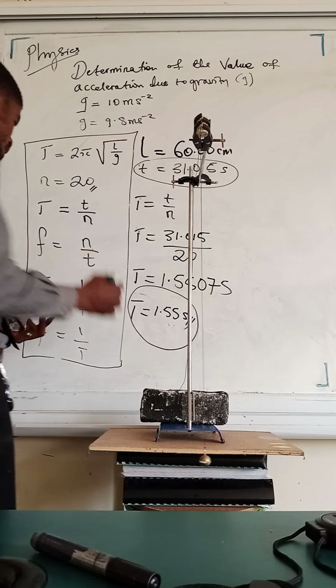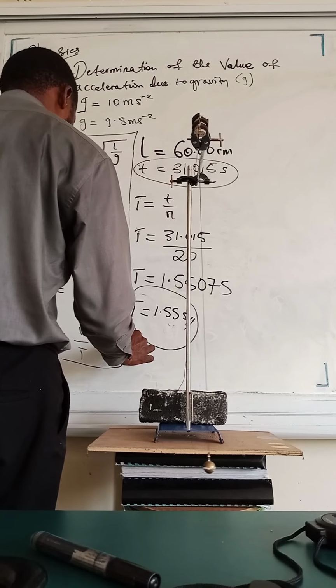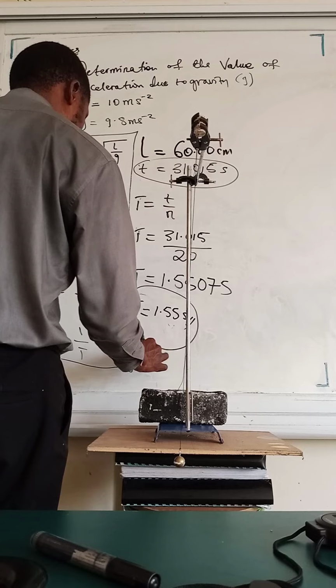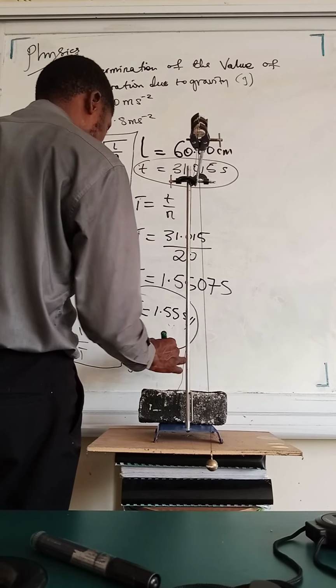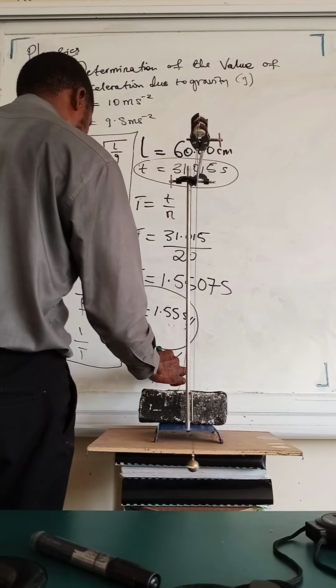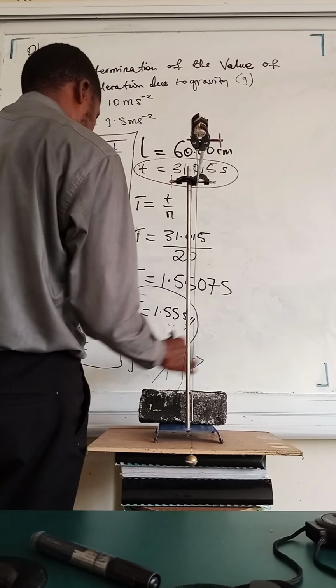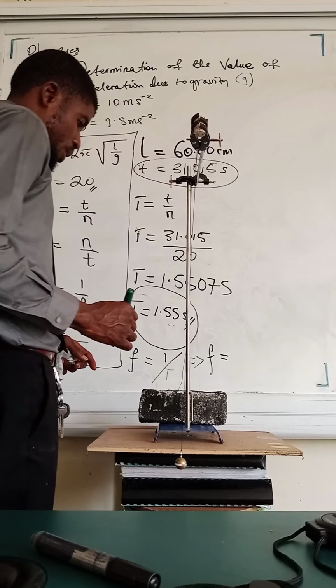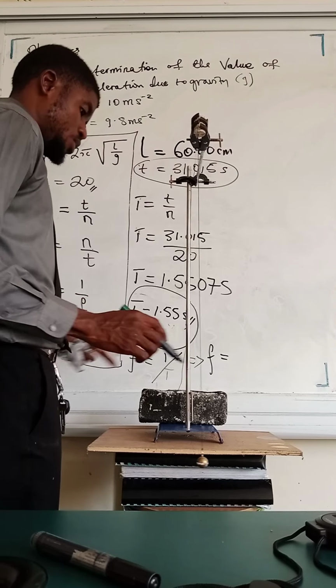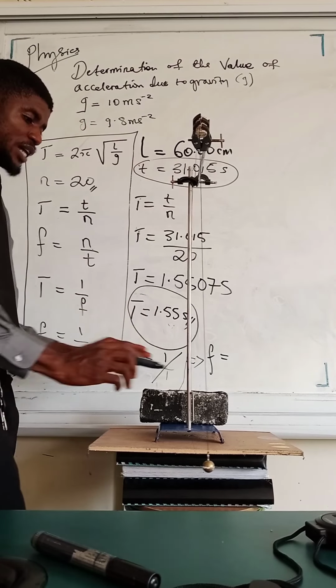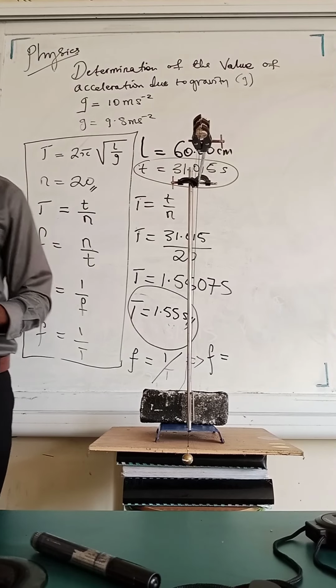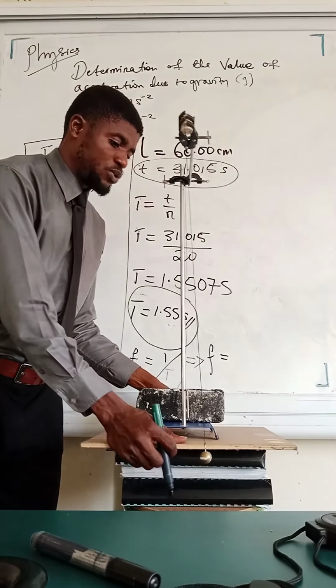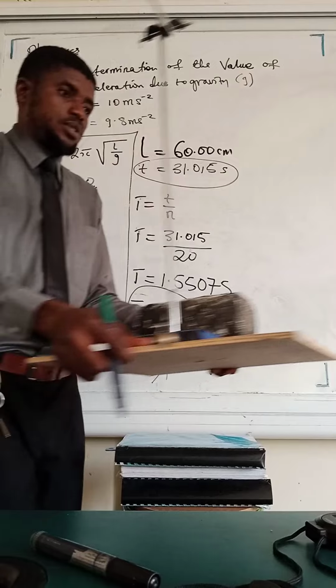The frequency of oscillation is given as F is equal to 1 all over T. I'm done with the experiment so that I will have time to solve on the board.